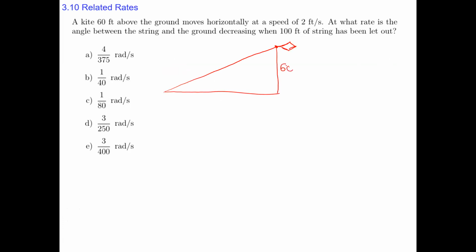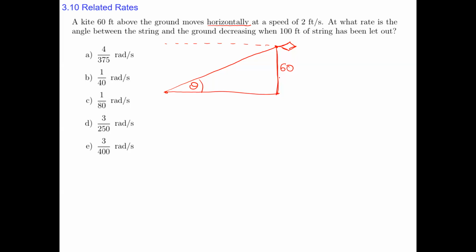It's above because it's flying horizontally. That's good. Horizontal is not changing. 60 feet above the ground, that 60 is not changing. And that dotted distance is the distance the kite is changing with respect to time, which I can put down.